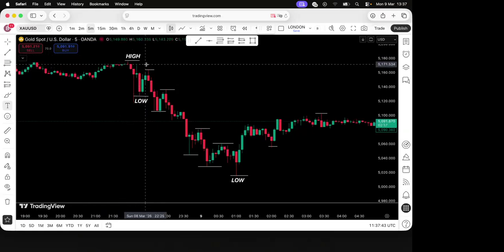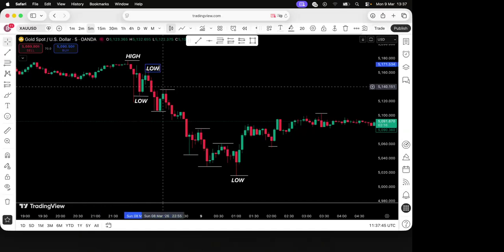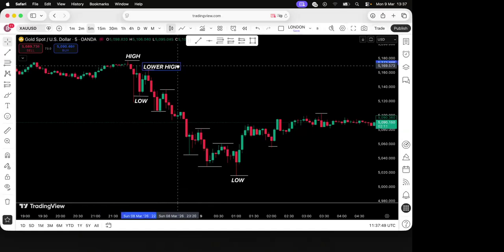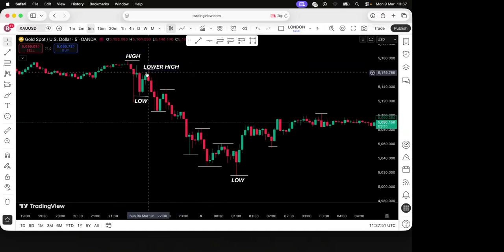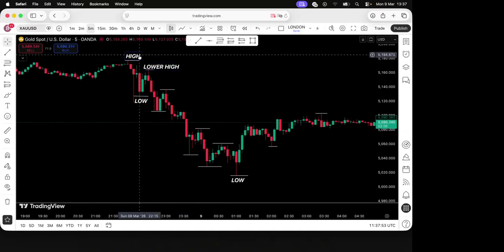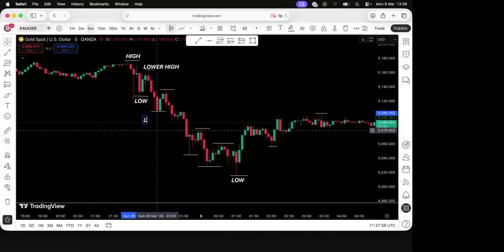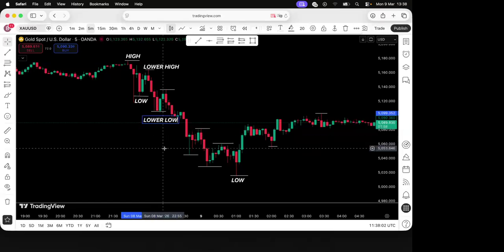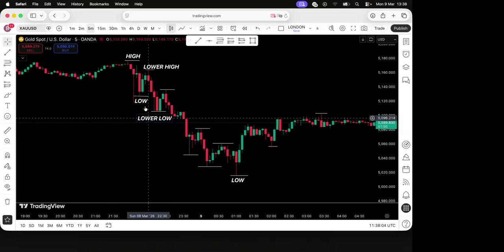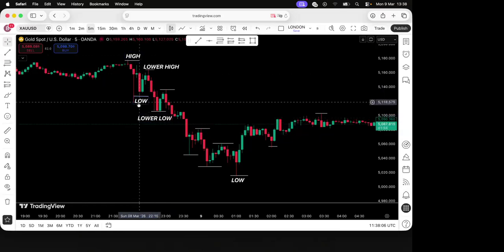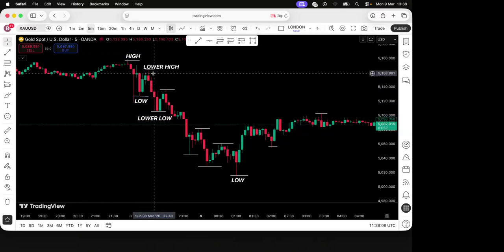This here is called a lower high, because it's a high, but it's lower than the main high. Does that make sense? Okay, lows. We have now created a lower low. So we've got our high, our low, our lower high, and now our lower low.